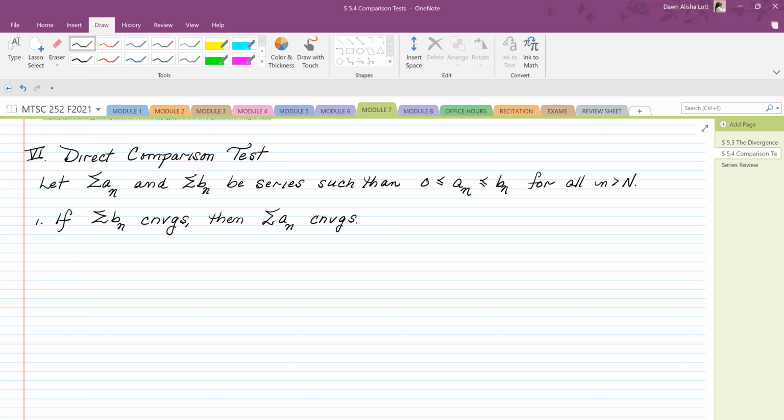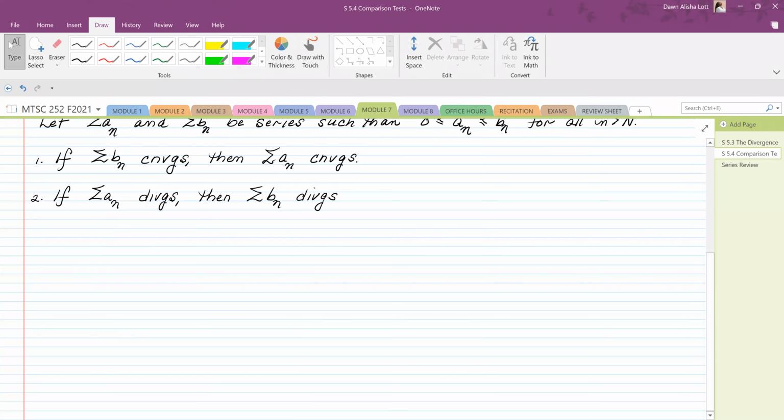The second one: if the summation an diverges, then the summation bn also diverges. So if I'm bigger than something that goes to infinity, I also go to infinity.